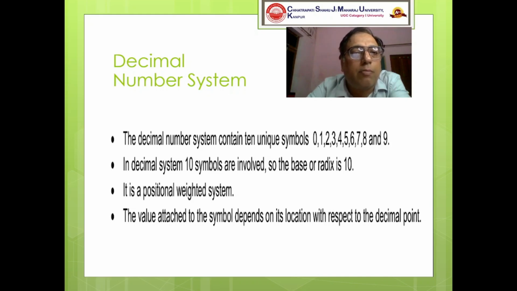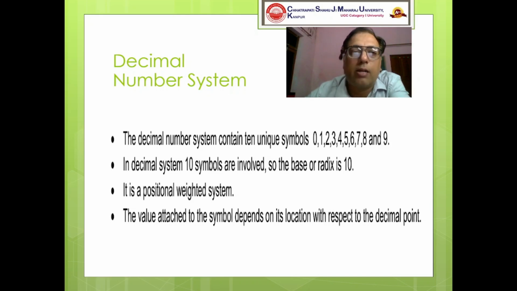The decimal number system contains 10 unique symbols: 0, 1, 2, 3, 4, 5, 6, 7, 8, and 9. In decimal system, 10 symbols are involved, so the base or radix is 10. It is a positional weighted system. The value attached to the symbol depends on its location with respect to the decimal point.